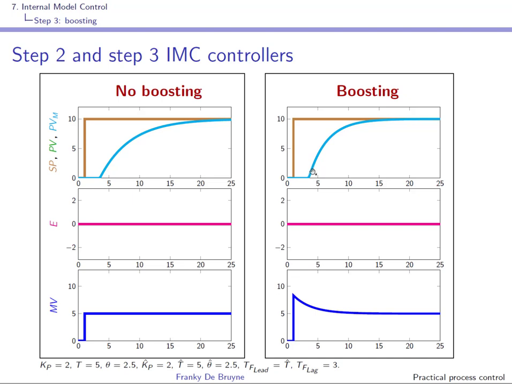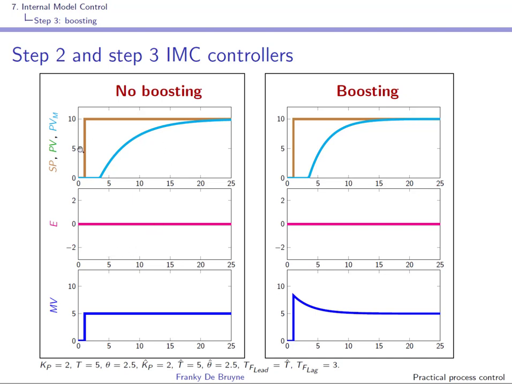If you look at the time constant in closed loop in this response, it is smaller than in this response. Here we have a closed loop time constant of 5 seconds, and here the closed loop time constant is 3 seconds. So we have accelerated the response in closed loop.